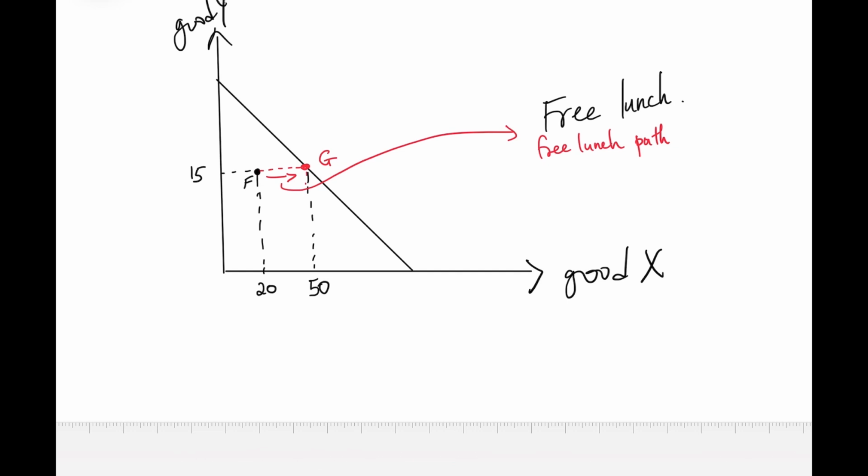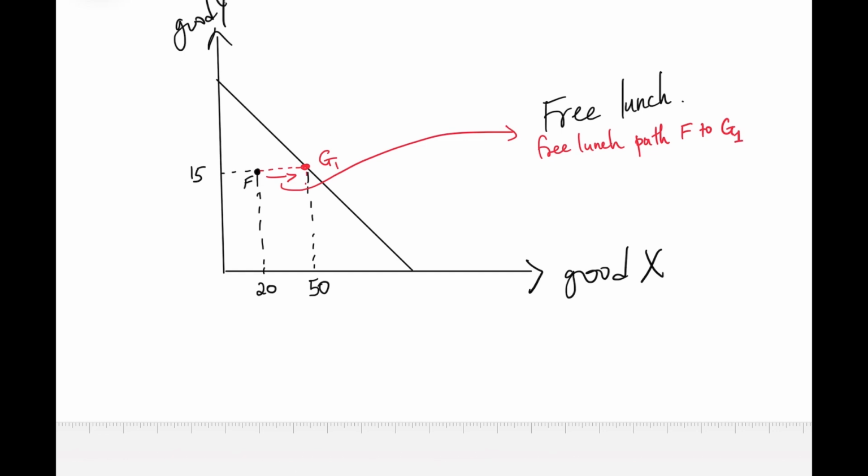Can we show another free lunch path? Sure, we can. So let's call this G1. Another free lunch path, free lunch path F to G1. Let me write that all before you, so you don't forget.